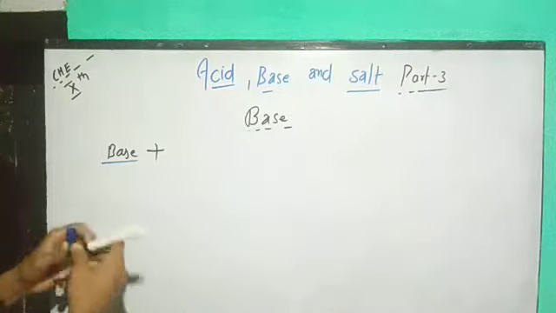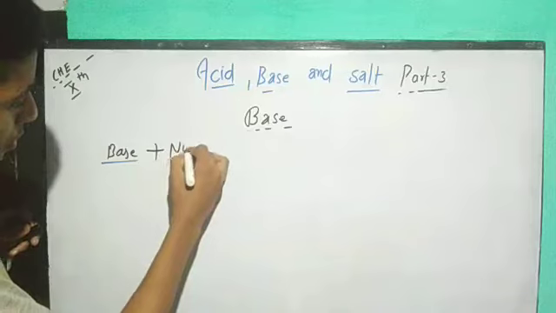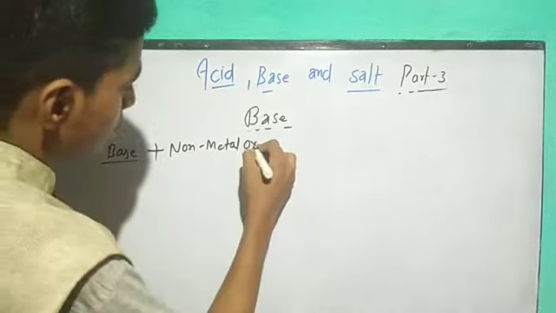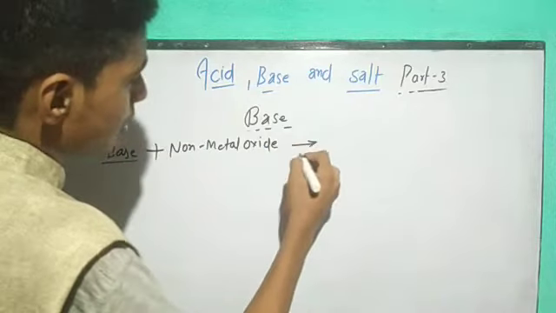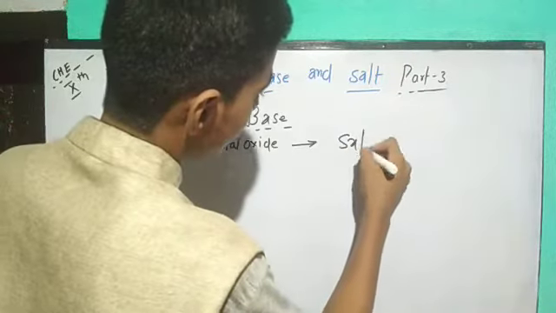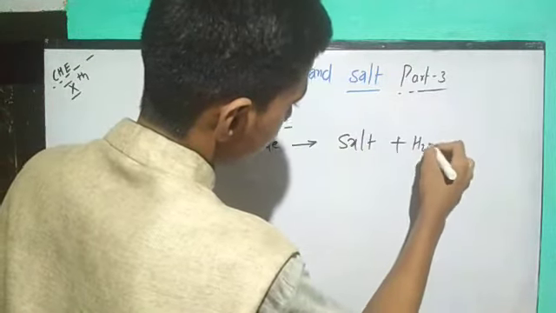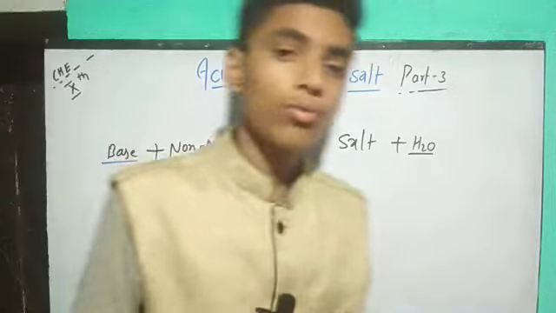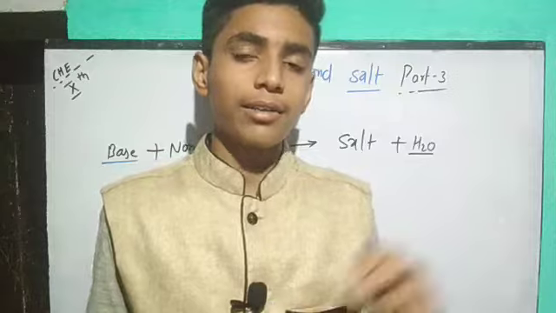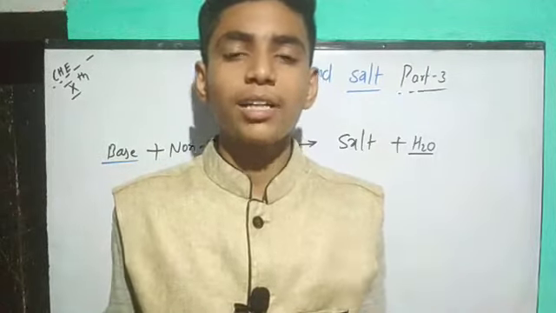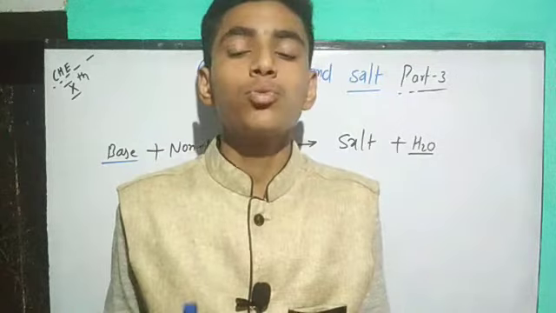So we will take one example, base with non-metal oxide, and we will see what products we get in this reaction. Actually, the product which we get is salt plus water, that is, H2O. It is actually the general formula of water, H2O. That's why I had not written it by balancing. So don't get confused whenever anyone asks you whether 2H2O or H2O is the same or not.